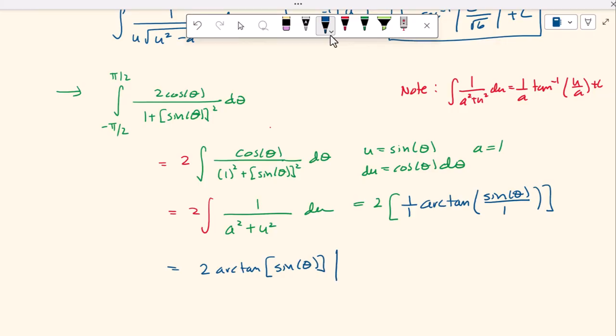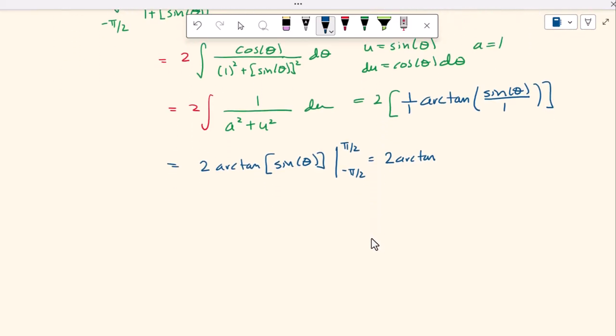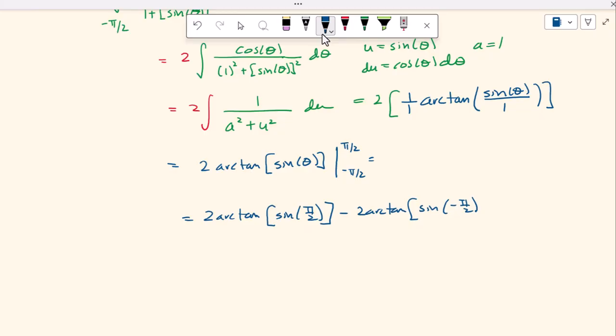Now this is evaluated from negative to positive pi over 2. So this is 2 arctan. I'm going to run out of room. Let's see. This is equal to 2 arctan sine of pi over 2 minus 2 arctan sine of negative pi over 2.